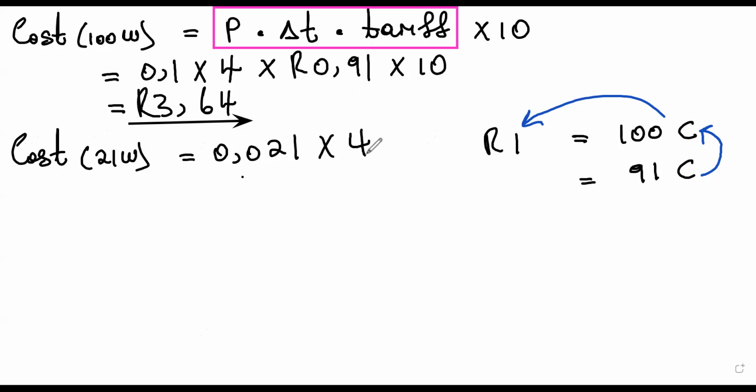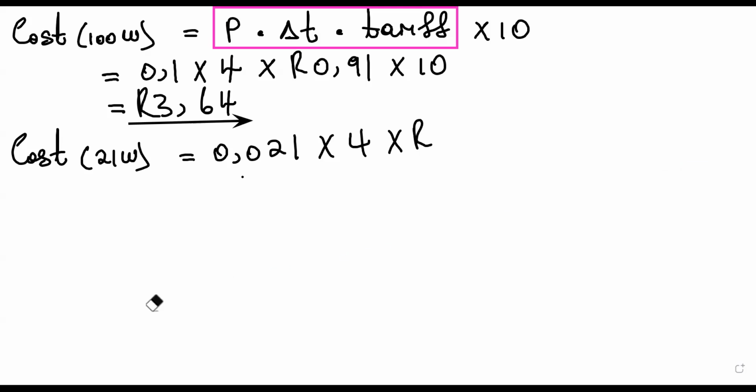You multiply this by the time in hours. You multiply this by the cost of 1 unit of electricity, which is the tariff. And then, once again, we have 10 light bulbs. Then if you press this into your calculator, you simply get 0 rands, 76 cents.